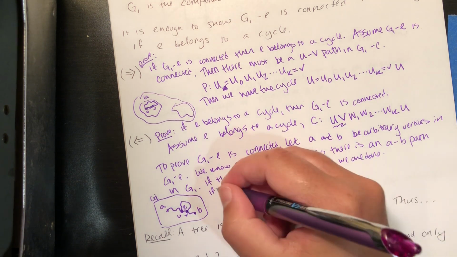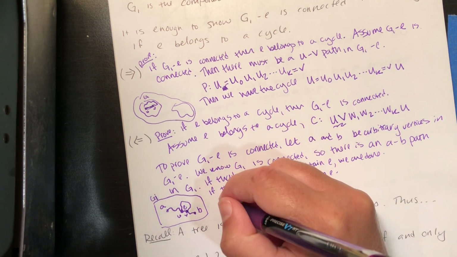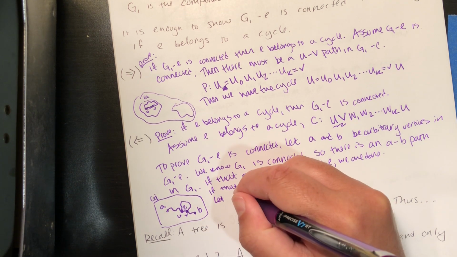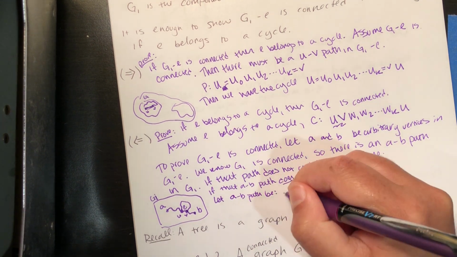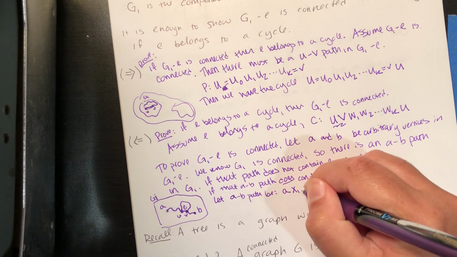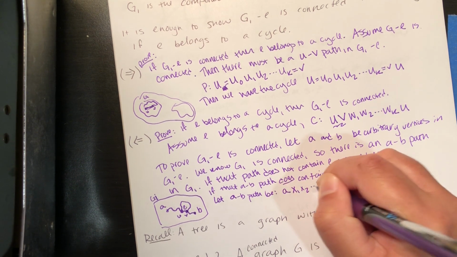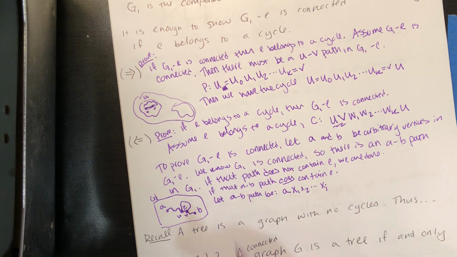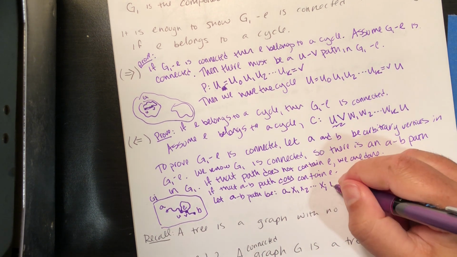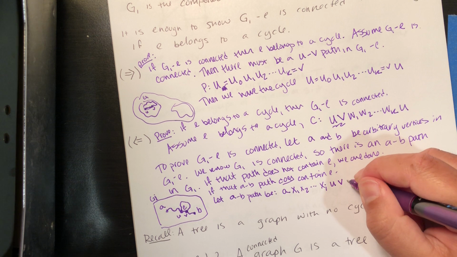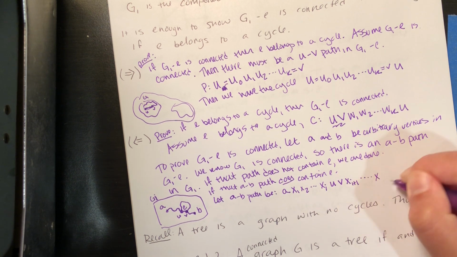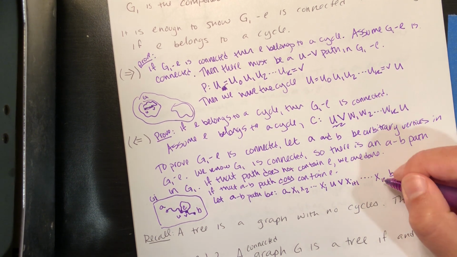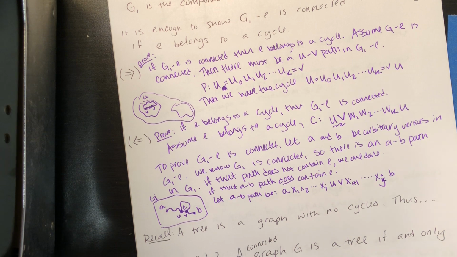All right, so if our AB path, for instance, looks like, let's let the AB path be A, then we'll call it X1, X2 through Xi. Then we go to U, then V, and then Xi plus 1 all the way to Xk, and finally to B. Oh, let's call that J. We already used K before.